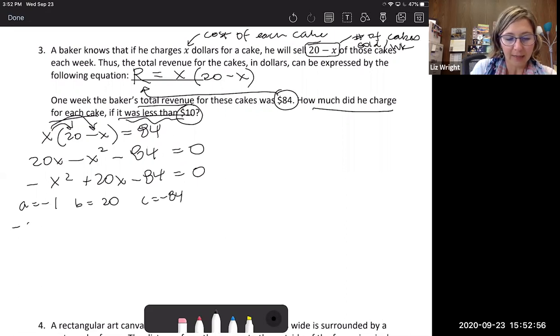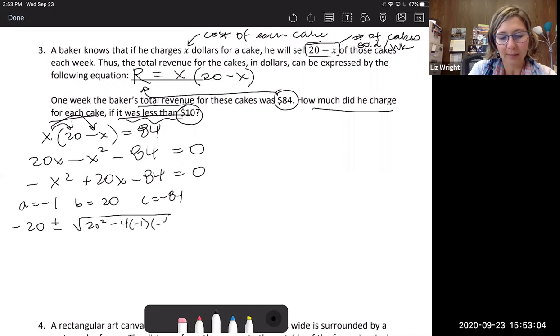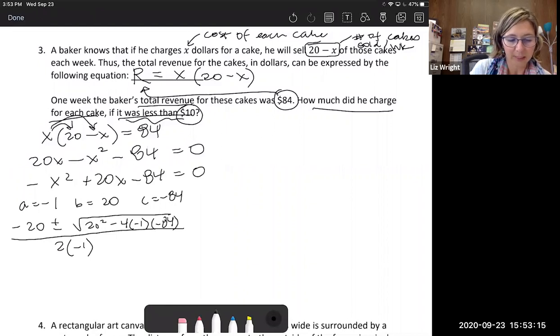So we're going to have -20 plus or minus the square root of 20 squared minus 4 times -1 times -84 all over 2 times -1. So now we're going to just do some little arithmetic here. So we're going to have -20 plus or minus 20 squared should give us 400.